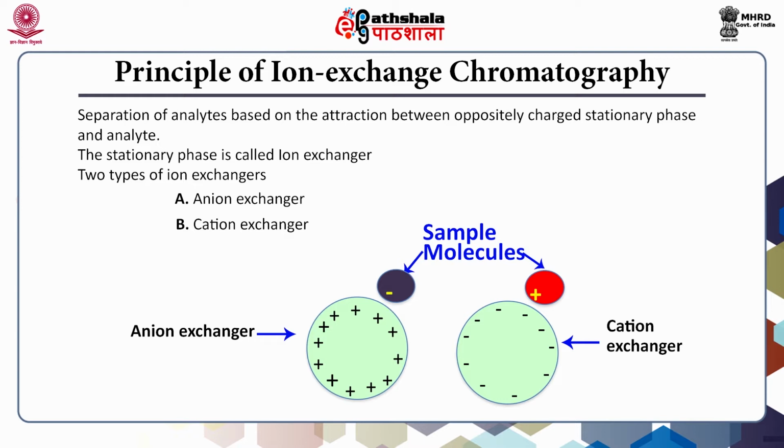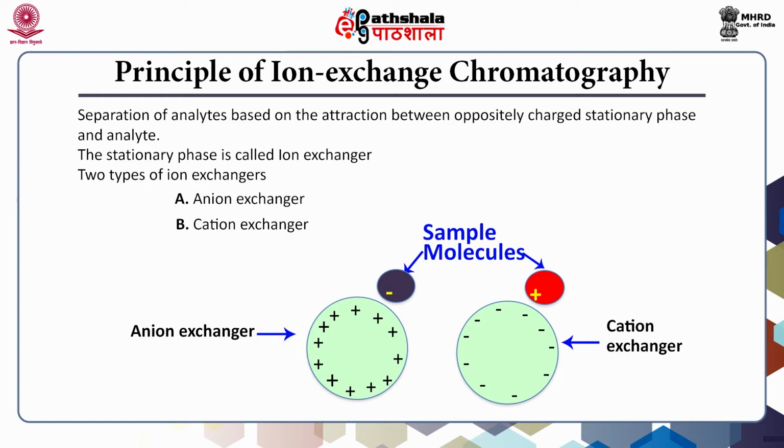If you see this picture here, in this anion exchanger on the surface there is a positive charge. Because it is anion exchanger, it has to attract anions which are negatively charged. That is why on the surface of anion exchanger there are positively charged groups.